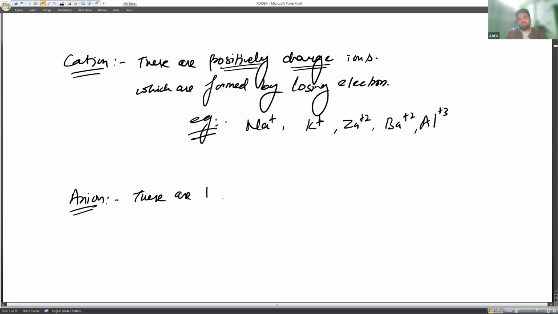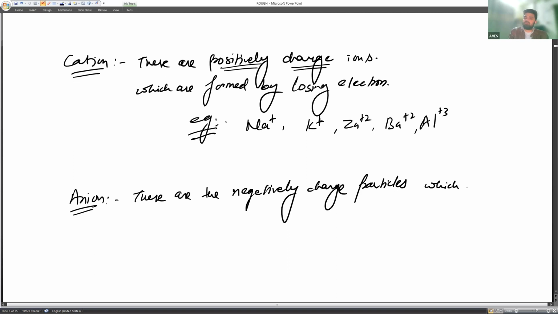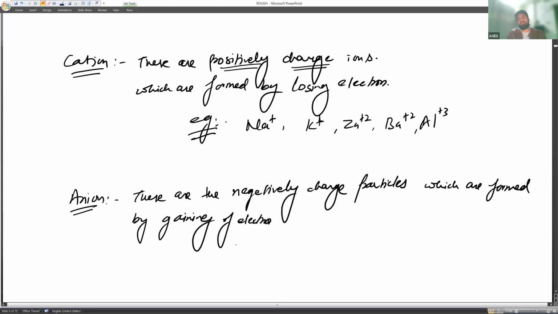So if I talk about anions, these are the negatively charged particles which are formed by gaining of electrons.